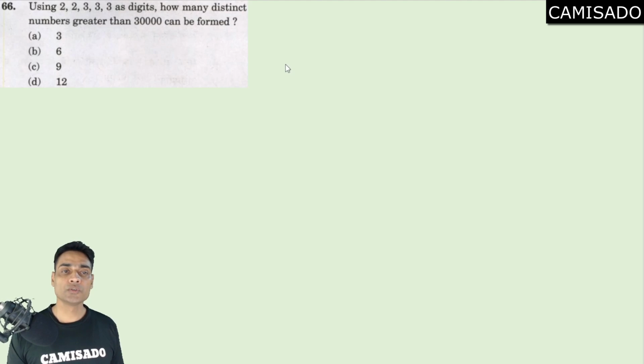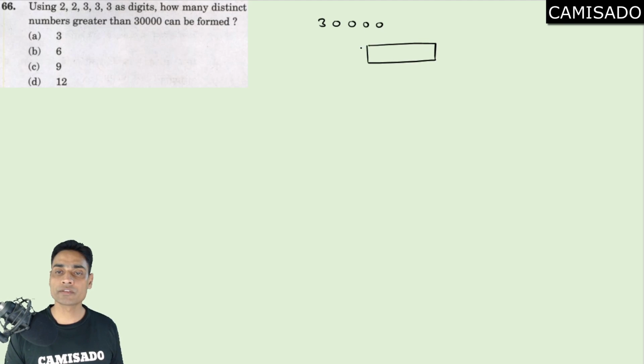Next, using 2, 2, 3, 3, 3 as digits, how many distinct numbers greater than 30,000 can be formed? See, numbers greater than 30,000. So definitely we have to fix this 3 here. Now remaining boxes are 4. We have to place the digits, because digits are 2, 2, 3, 3, 3, and distinct numbers greater than this are to be formed. One 3 has gone.